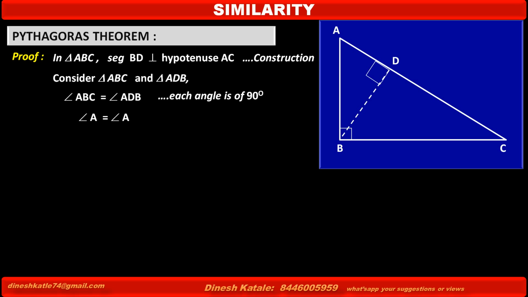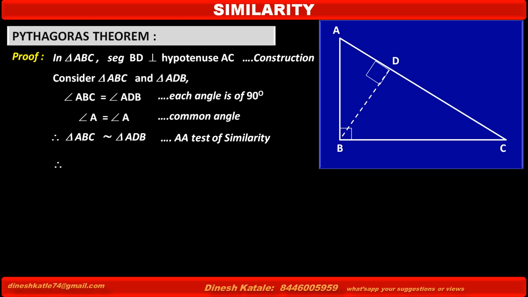Angle A is equal to angle A, because angle A is the common angle for these two triangles. Therefore, triangle ABC is similar to triangle ADB because of the AA test of similarity.